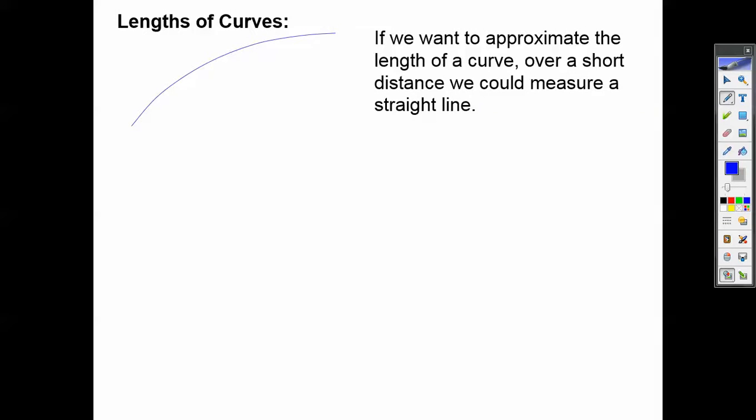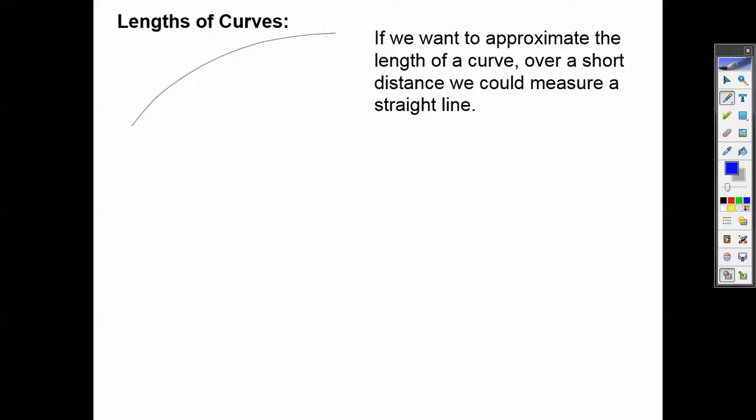Okay. So imagine we wanted to find how long that curve is. If you think about it, if I gave you that on a piece of paper and said, measure that, how long is that? What would you do? Use a string.